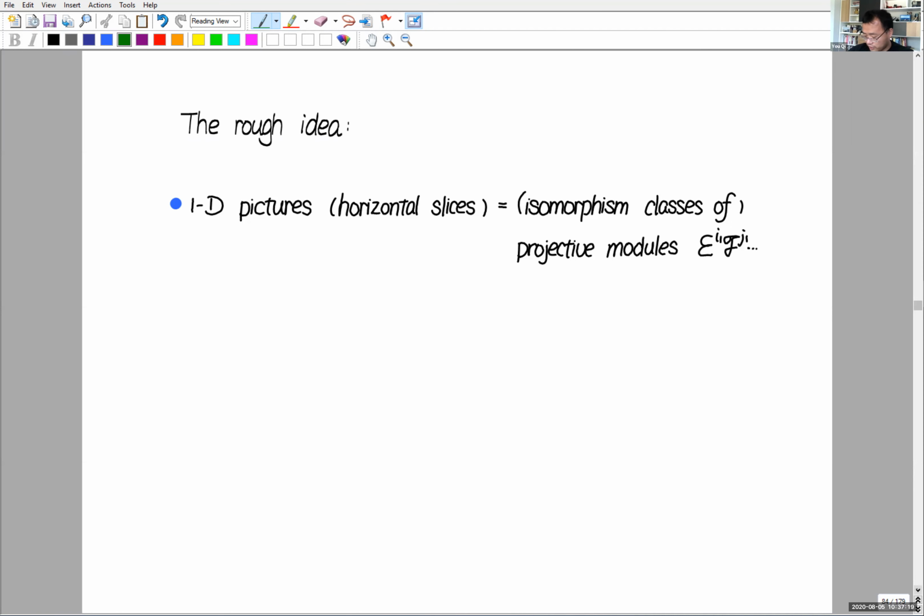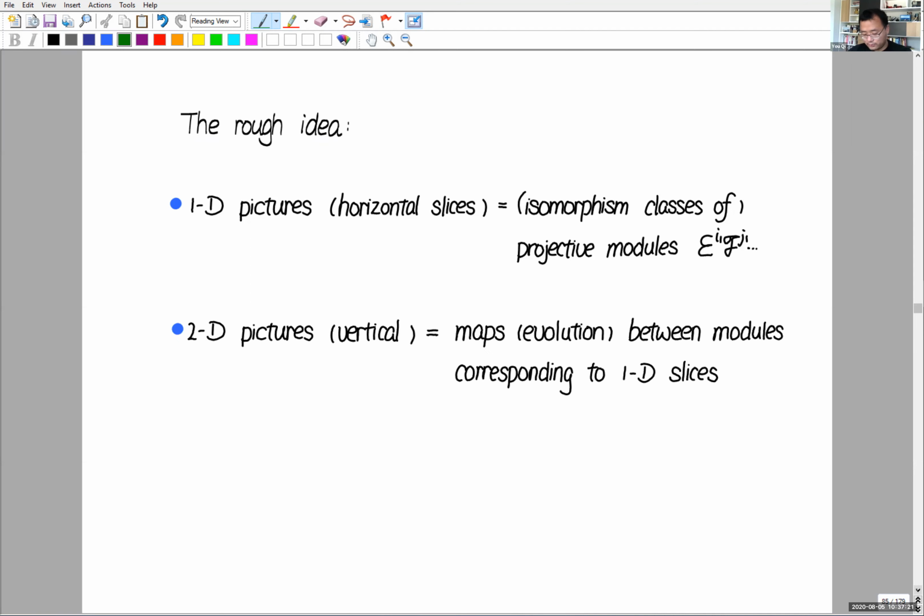And the two-dimensional pictures describe the evolution of these one-dimensional pictures, or these are really just maps. So evolutions don't have to be isomorphisms, right? So they are just maps between those corresponding projective modules EIFI of the corresponding one-dimensional slices.